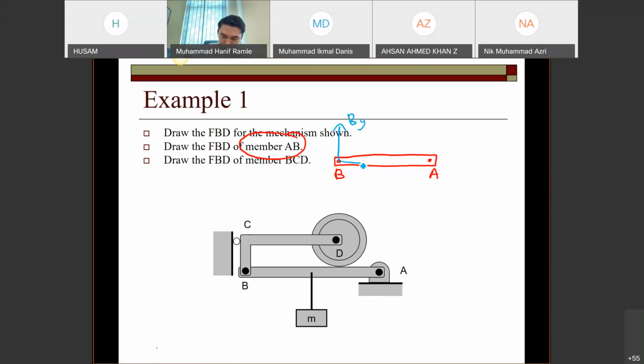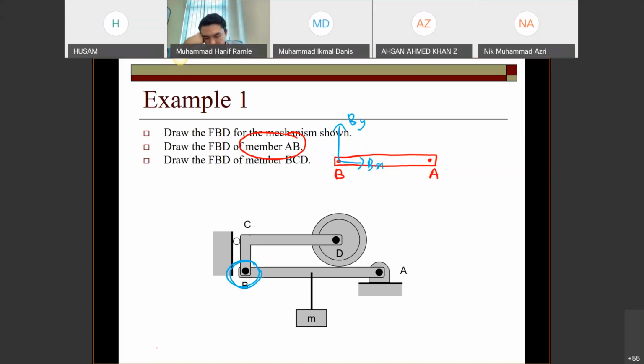BY and BX, because B is a pin system. You can understand that a pin system can only rotate. It cannot go up, left, right or down. So the pin system can only rotate, which means the DOF is only one. The rest is restriction.